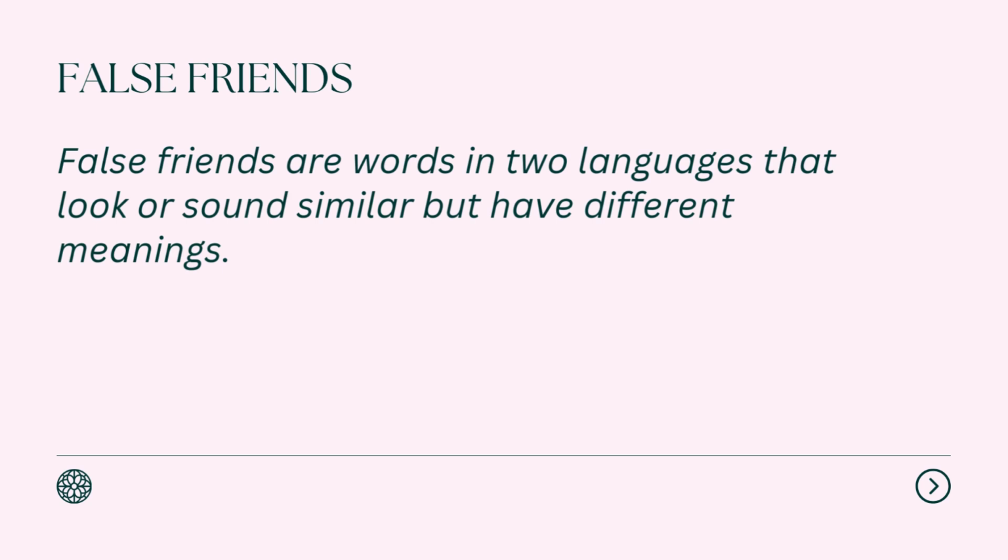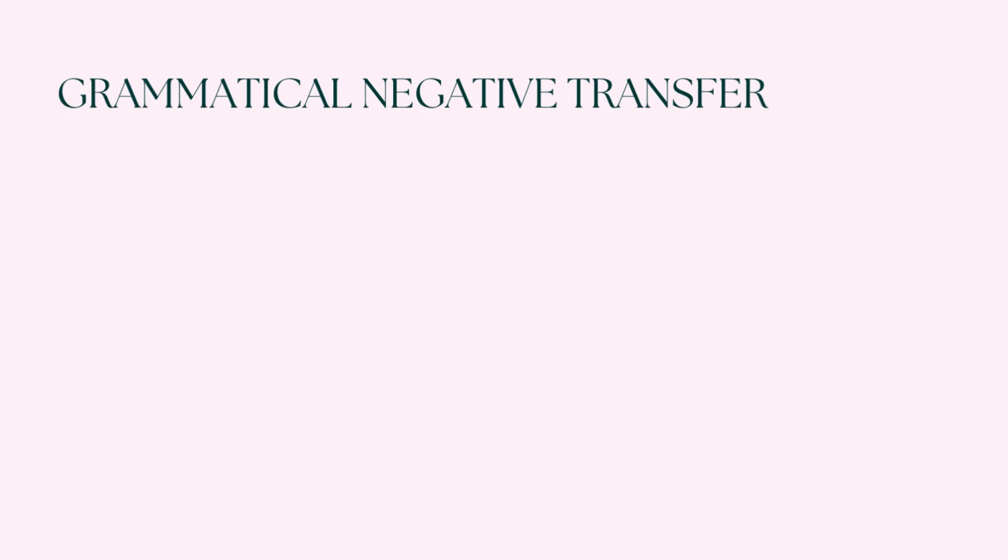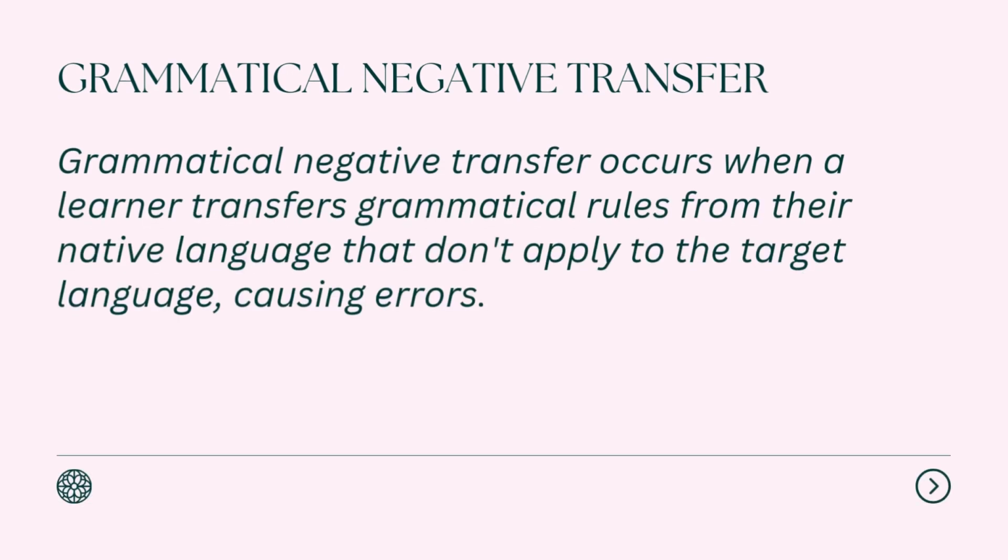So, last but not least, we also have grammatical negative transfer. We already had negative transfer, so what is grammatical negative transfer, and how does it differ from negative transfer? Grammatical negative transfer occurs when a learner transfers grammatical rules from their native language that don't apply to the target language, causing errors.